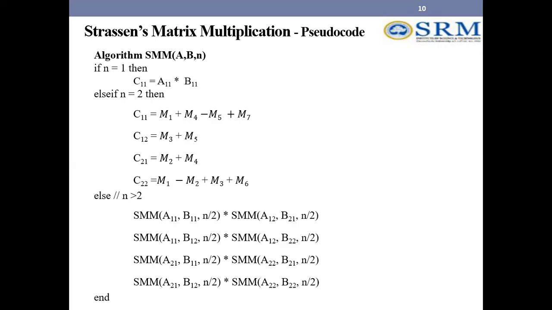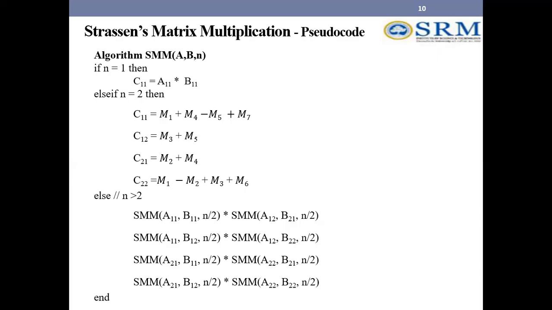So we have 8 submatrices, and we have 8 recursive calls. This is a recursive algorithm. The same function is called recursively. So the input of size n is divided into submatrices of size n by 2. After the division, A and B are both divided into 8 submatrices of size n by 2.